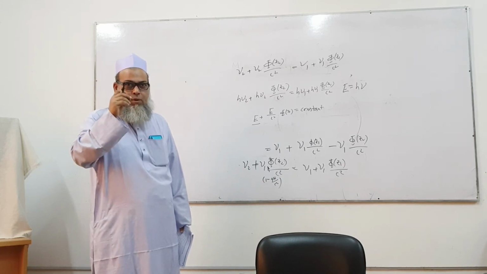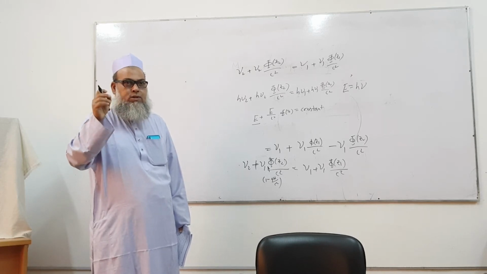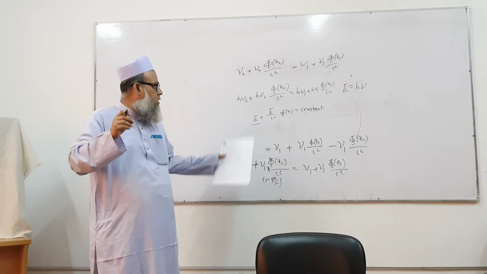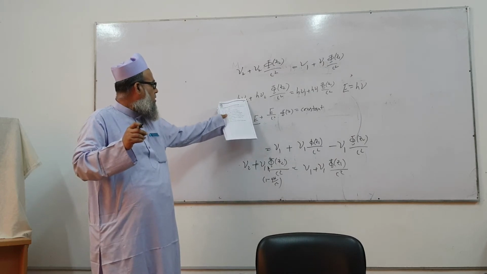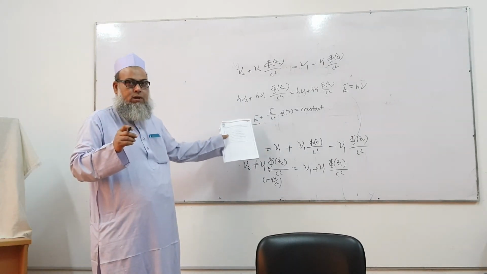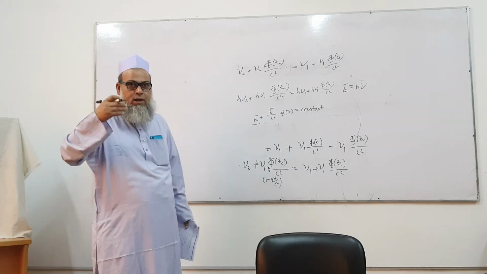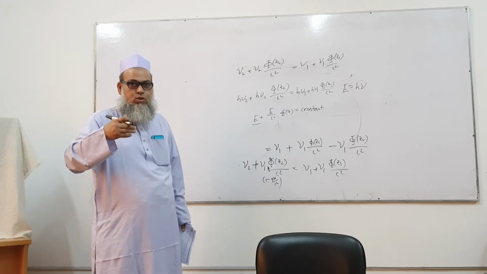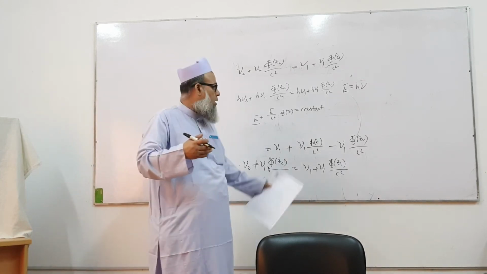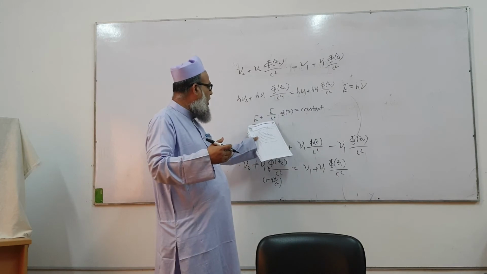Whenever you have nu, you have lambda, and it is nu lambda equals c. That nu is this. Multiplied by h, it is the E. This is the internal energy of the photon. Photon's own energy. Now, what is this E by c square?